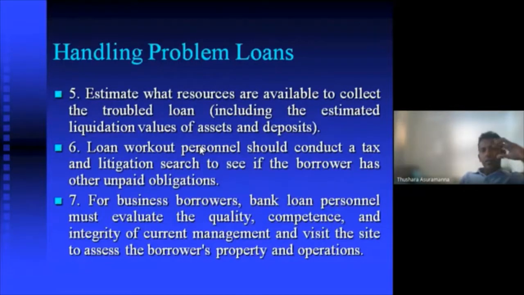Fifth one, estimate what resources are available to collect the troubled loan, including the estimated liquidation value of the asset and deposit. Because let's say you approved a loan, he has been paying up to some level, now it is in arrears, unable to pay. There may be some assets which have been mortgaged to you, and some assets which are freehold, not mortgaged to anything, and make a kind of asset versus liability.